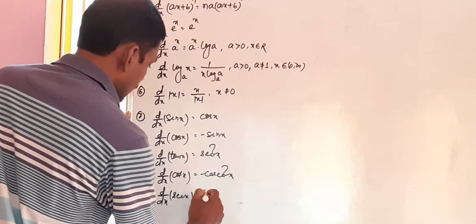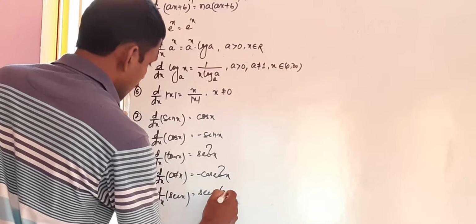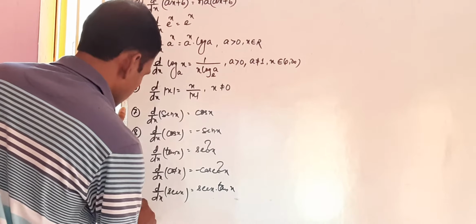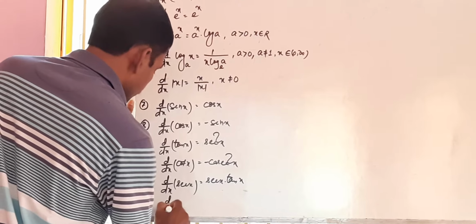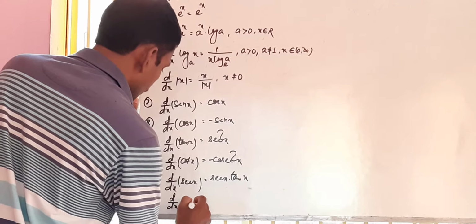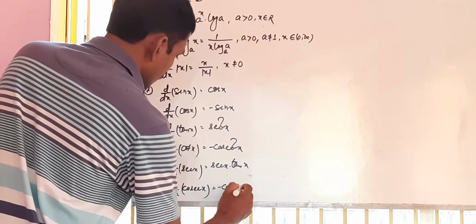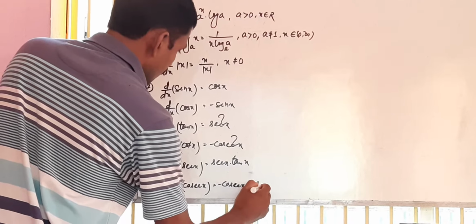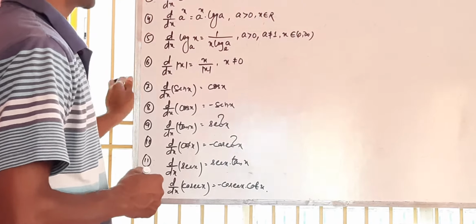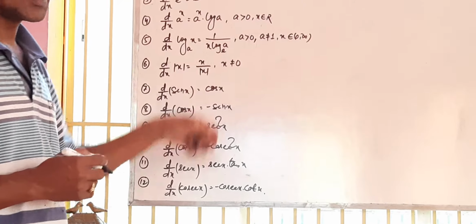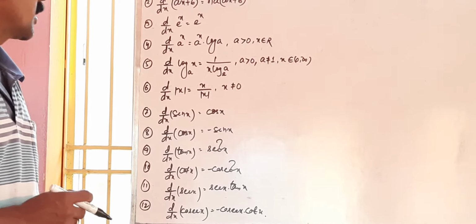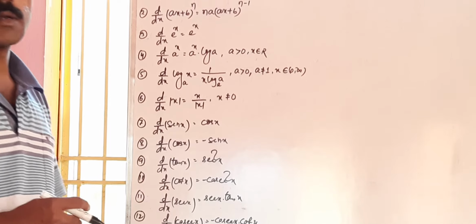Derivative of sec x is sec x into tan x. And derivative of cosec x is minus cosec x into cot x. So these are the formulas which we have already learned in class 11.